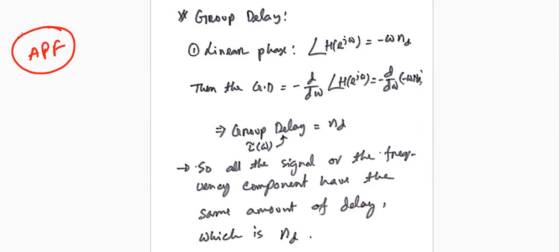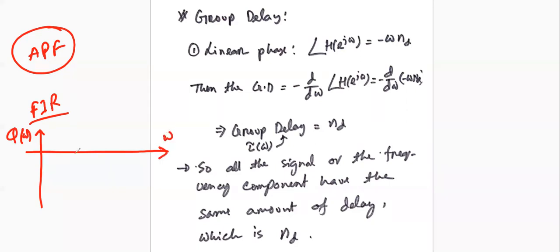However, before presenting the all pass filter, what is the purpose of the all pass filter? That is very important. In case of an FIR filter, as we already know, the phase response of a filter is always linear.